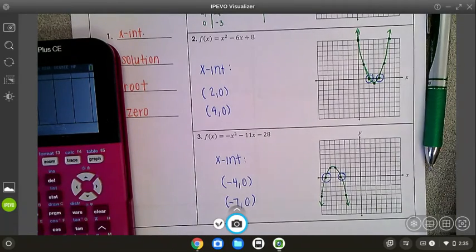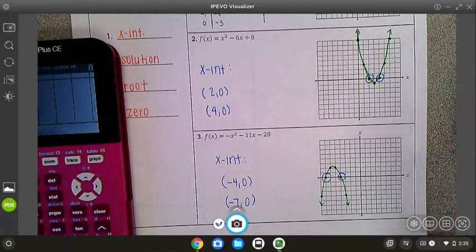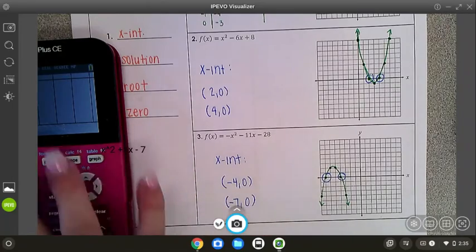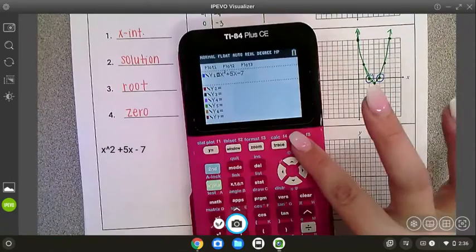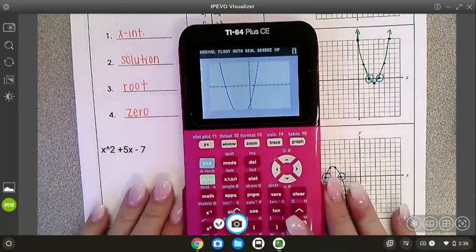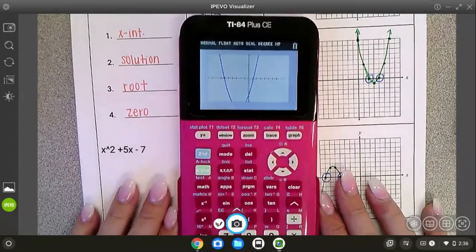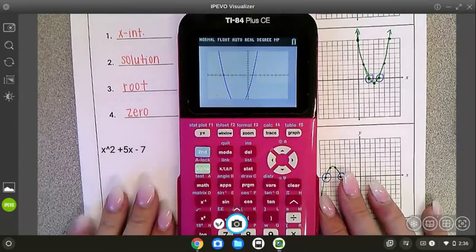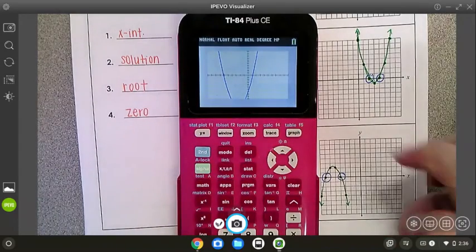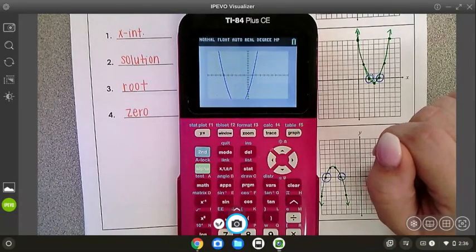Now I want to show you an example of one that if we graph it, it may not fall with the x-intercepts right on the line. So I'm just going to make up one. Here, I found one. All right, notice how these do not cross exactly on the line. They're really close, but they're not exact.